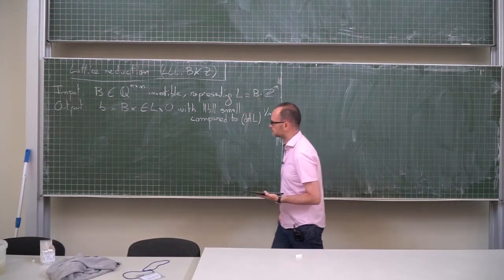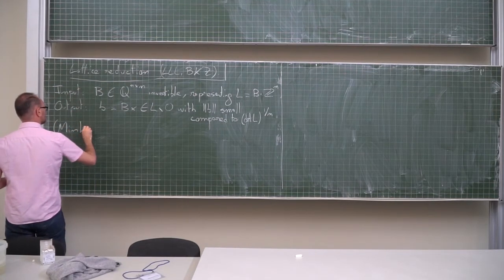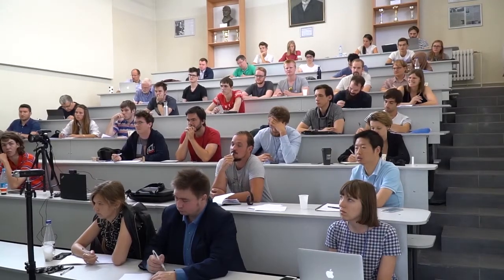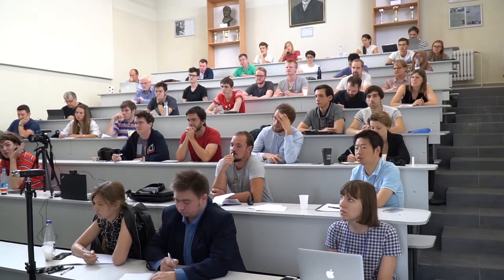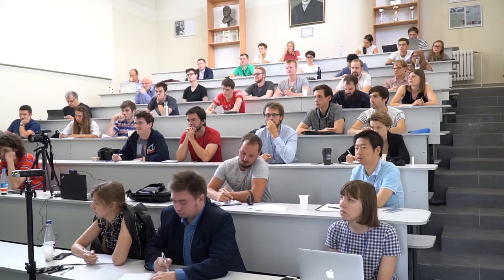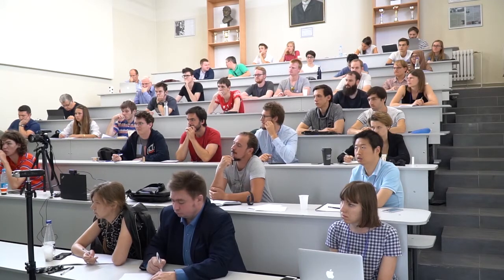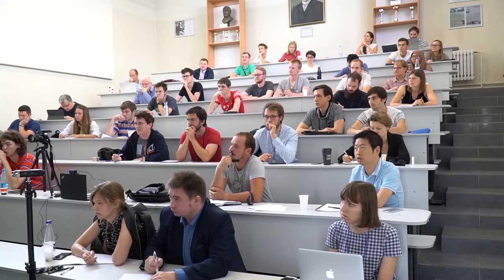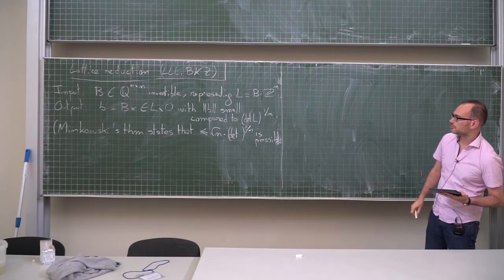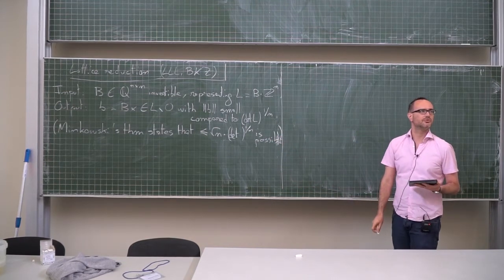Okay. Okay, so if I'm very demanding, I could ask smaller than square root n times determinant to the 1 over n.